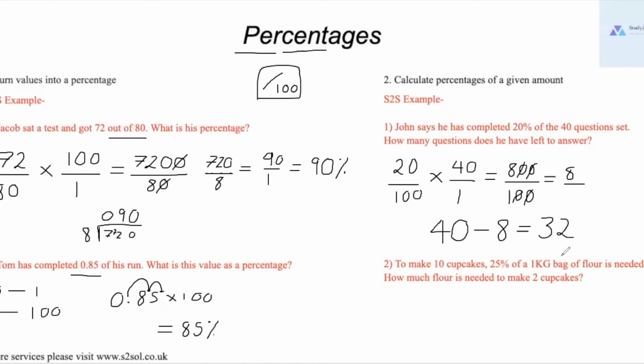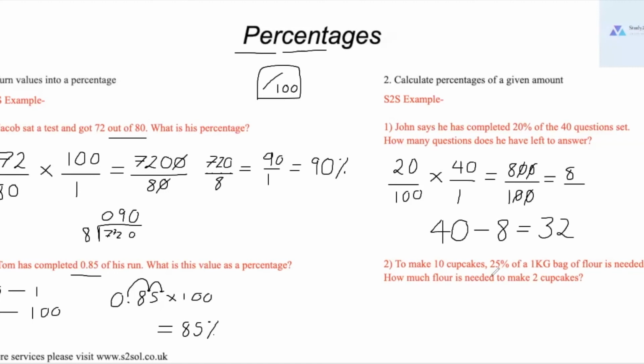Moving on to the next example. It says to make 10 cupcakes, 25% of a 1 kilogram bag of flour is needed. How much flour is needed to make 2 cupcakes? So this question seems pretty convoluted, pretty long-winded. However, if we follow the steps as usual, we'll be able to get to the right answer.